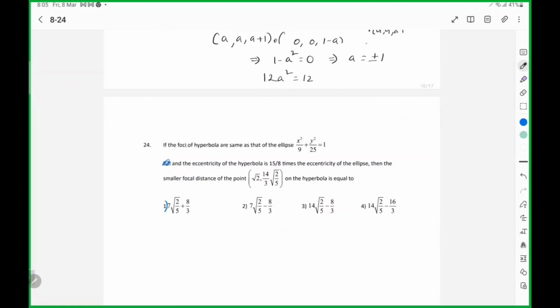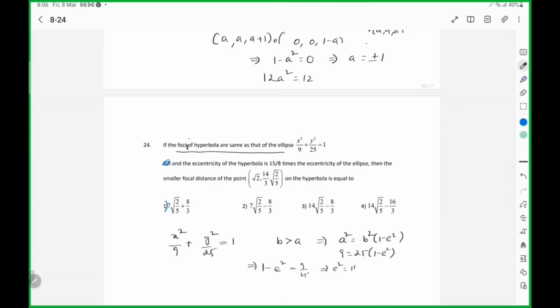Here, foci of hyperbola, here B is more than A. So A square is this, 25 into 1 minus C square. A square here is 16 by 25. E here is 4 by 5.